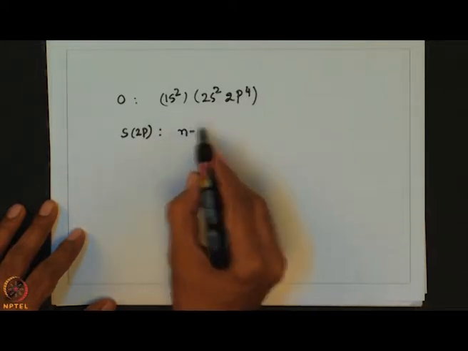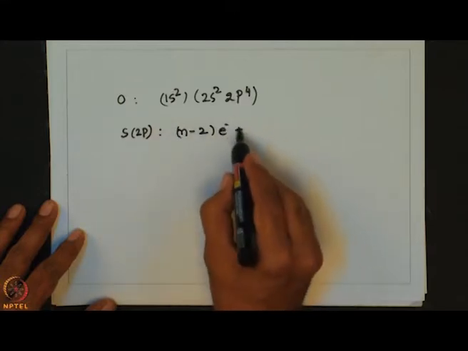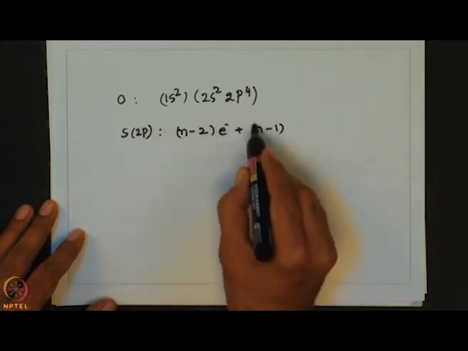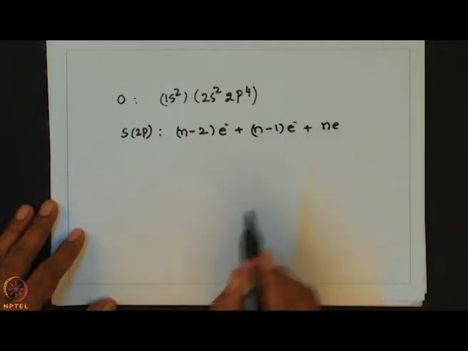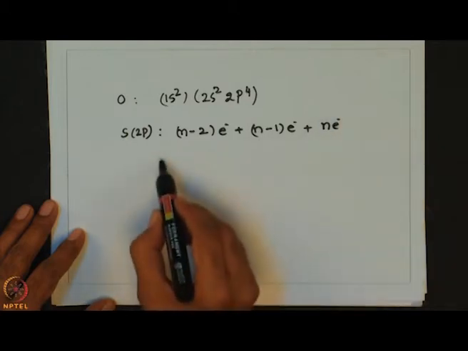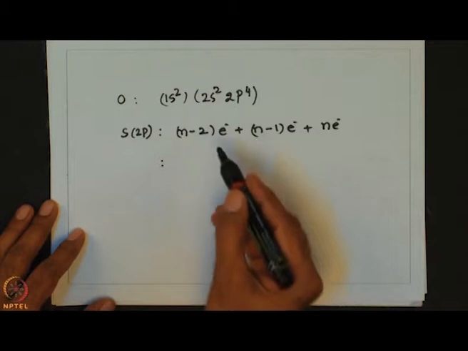So, to make you familiar, I repeat again: n minus 2 electrons plus n minus 1 electrons plus n electrons. So, here we do not have any electrons in n minus 2.